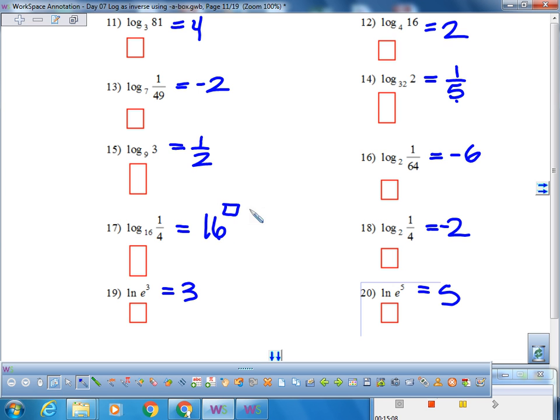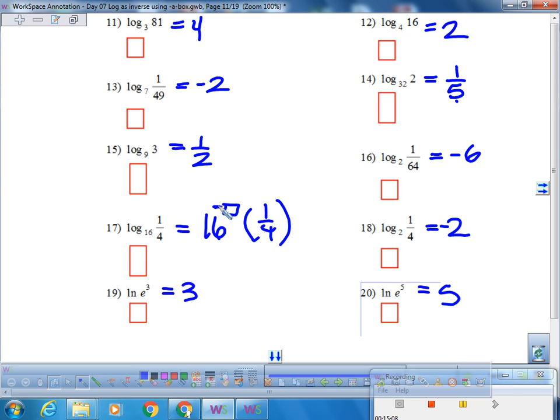I need to turn, let's rewrite it like this. 16 to the what makes 1/4? Well, in order to make 16 into a fraction, we need this to be a negative exponent, right? And then for 16 to get smaller, to get from 16 to a 4th, you'd have to take the square root of 16, which is really 1/2.